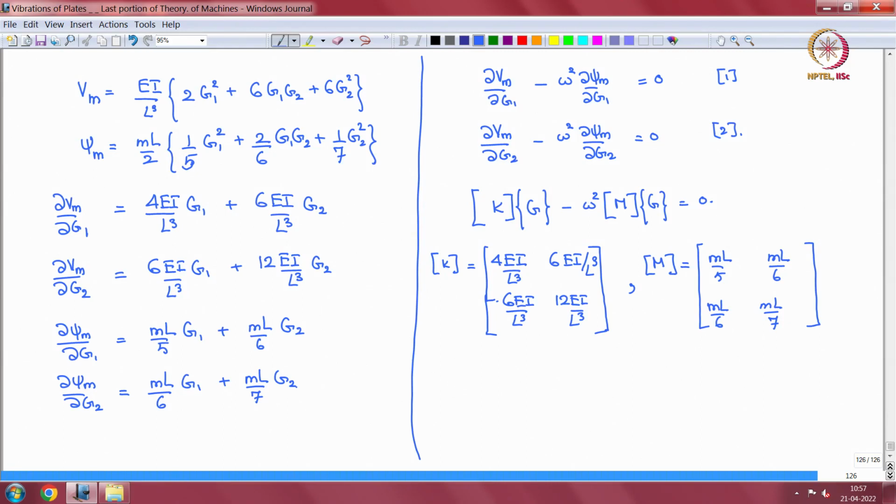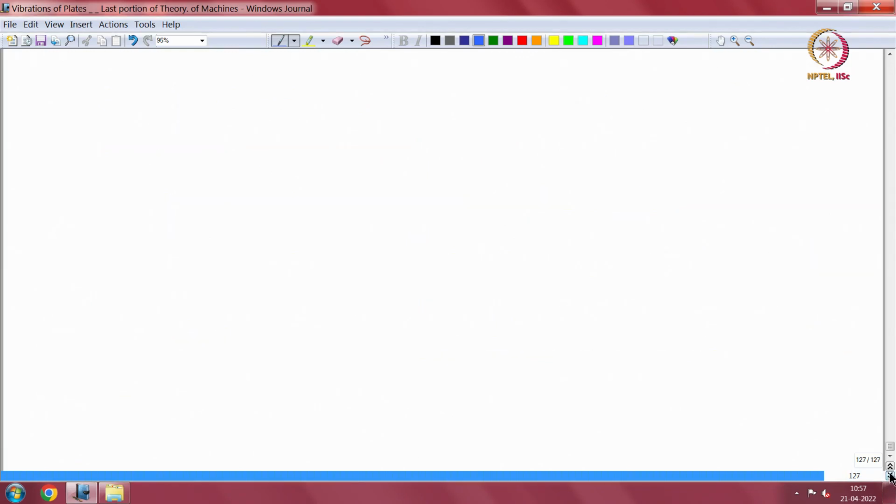Okay. So there is a shortcut for arriving at these matrices. What is the shortcut? The shortcut is this: Kij.